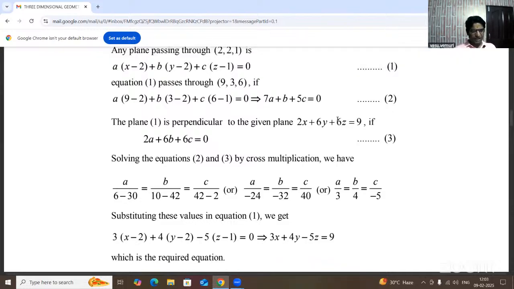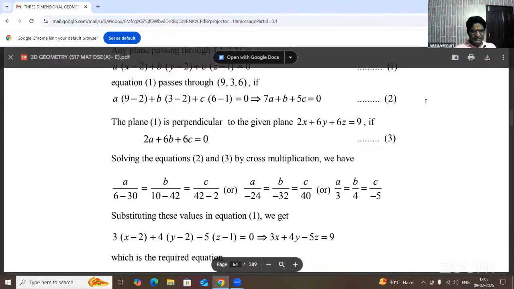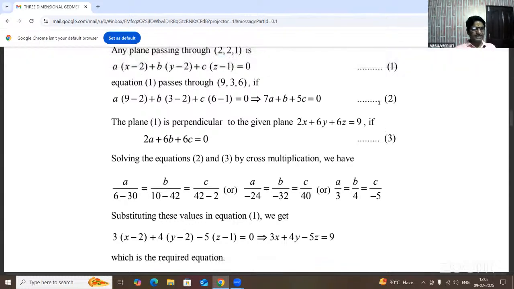In terms of a, b, c this gives 2a plus 6b plus 6c equal to 0. Say this is the third equation. Solving the second and third equations by the cross multiplication rule, that is CMR.